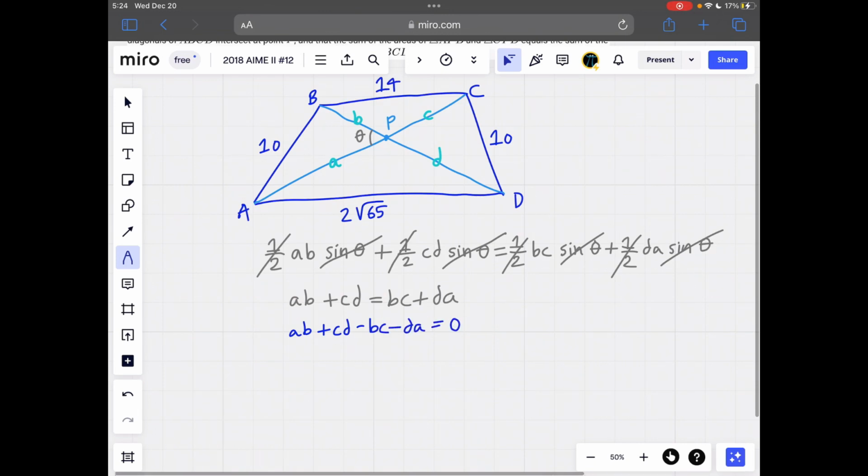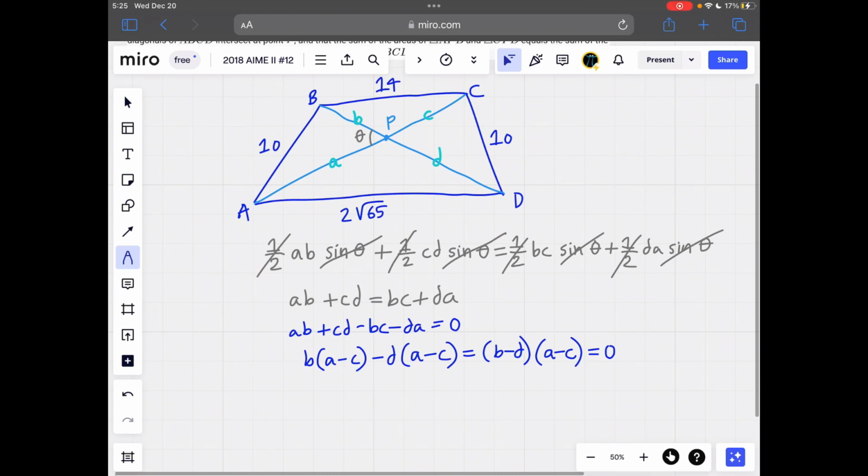And we can factor this. ab minus bc is equal to b times a minus c. And cd minus da is equal to negative d times a minus c. So this is b minus d times a minus c, and this should be equal to 0.